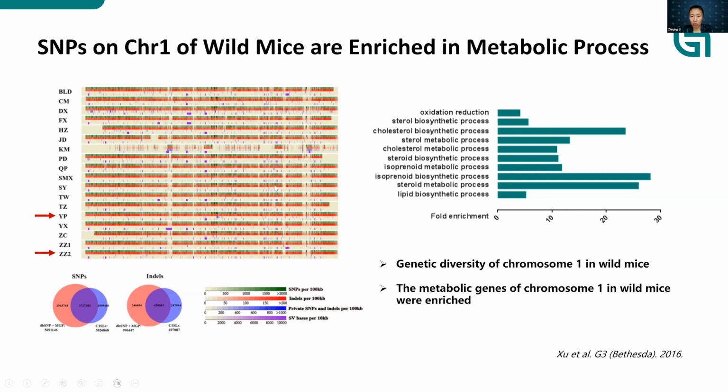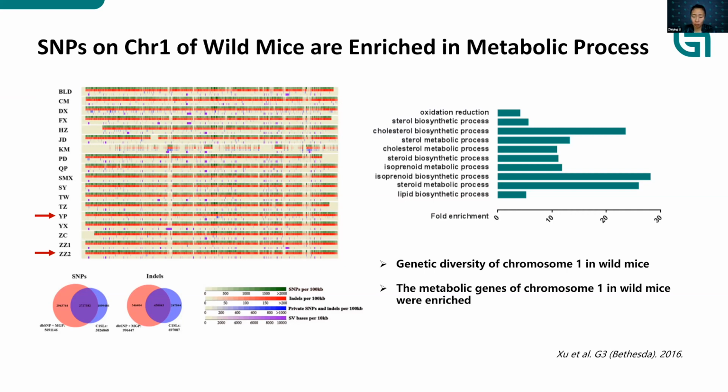So what I'm trying to show on this particular slide is the reason why we're focused on the wild mouse project on chromosome 1. There are 2 reasons. One is chromosome 1 is the biggest among all chromosomes in the mouse genome. So technically, we reasoned if we can do this successfully, we'll be able to do the other chromosomes successfully.